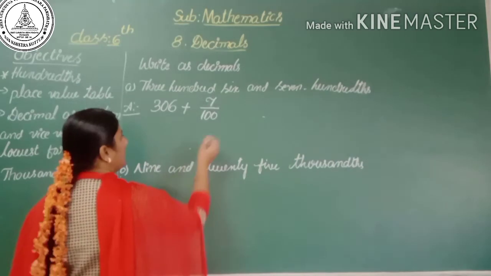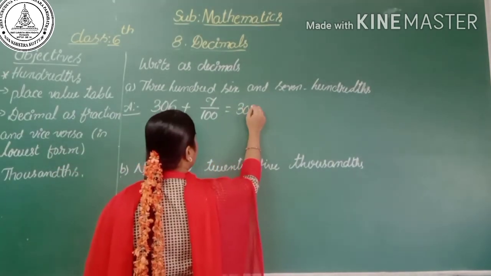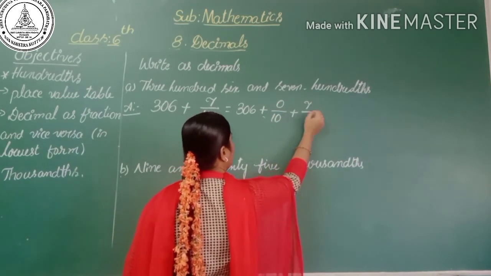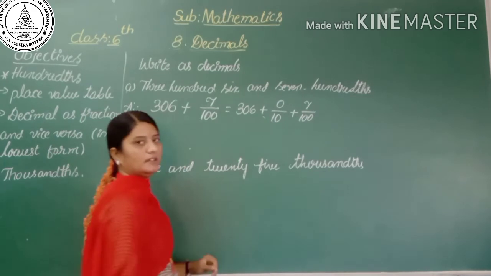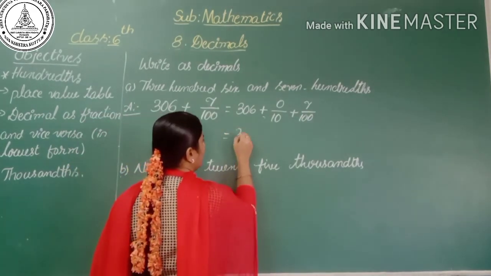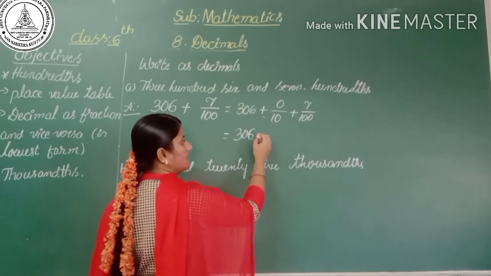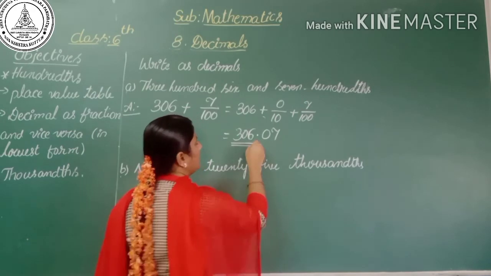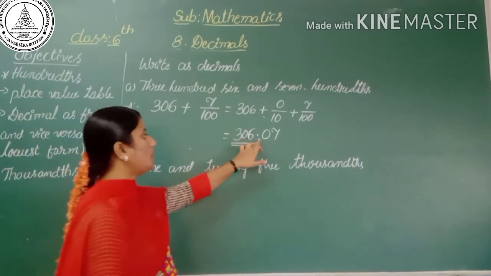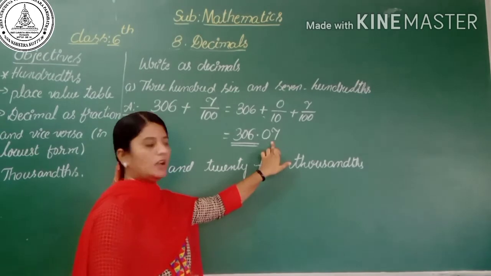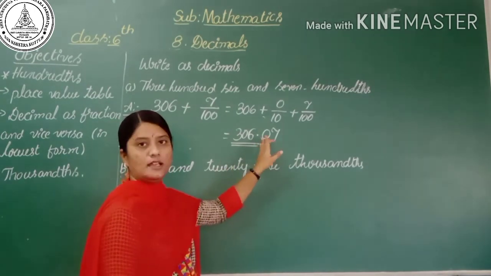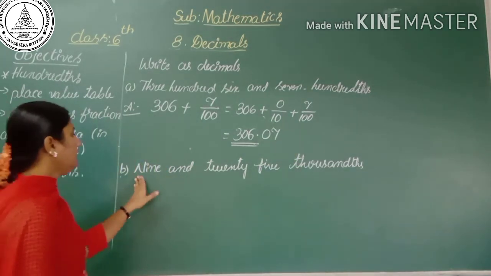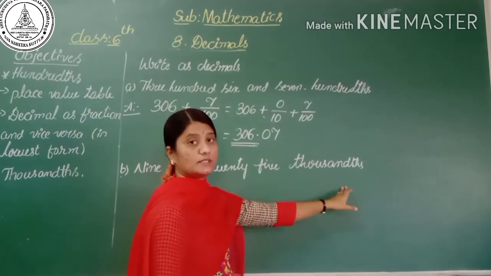So we can write it as 306 plus 0 tenths plus 7 hundredths, which is equal to 306, the decimal point, 0 tenths written as 0, and 7 hundredths. So 306.07.